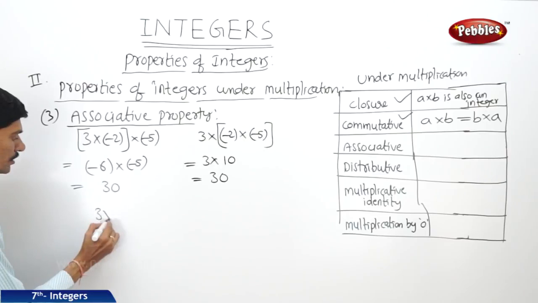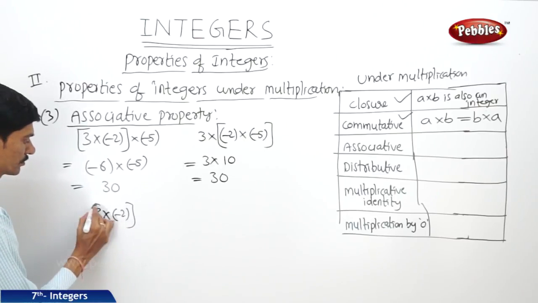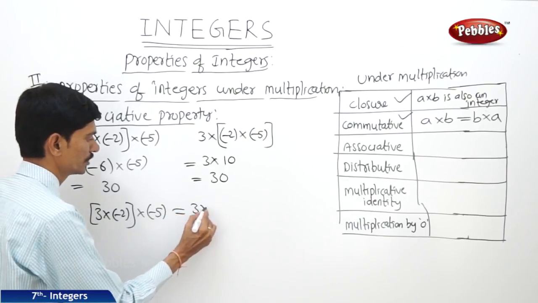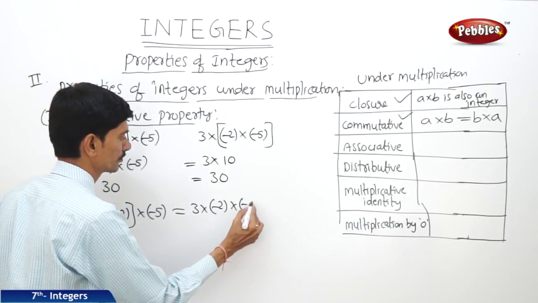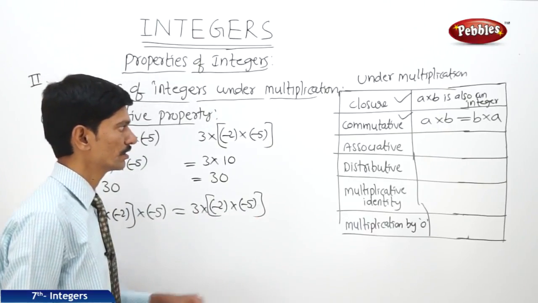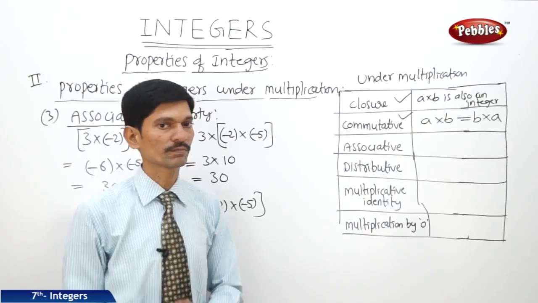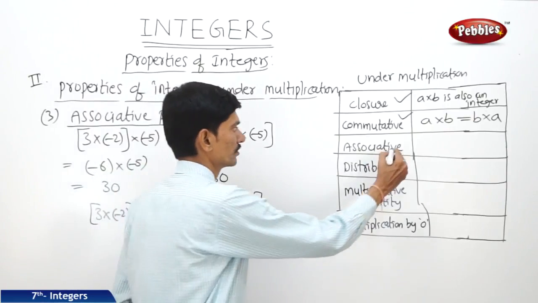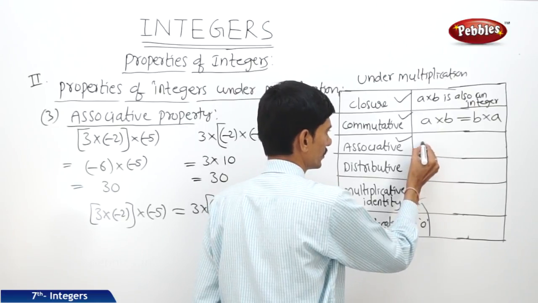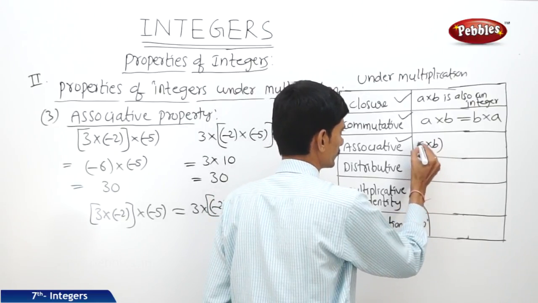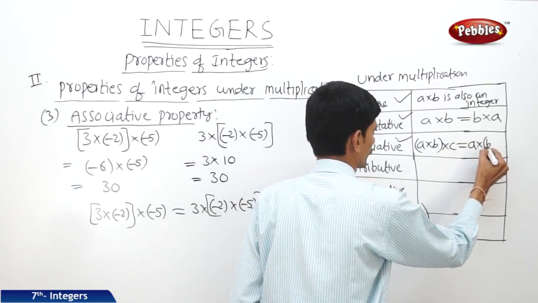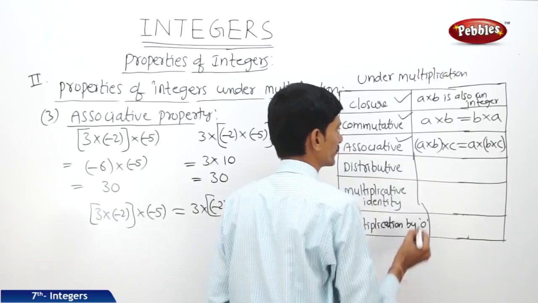So (3 into minus 2) into minus 5 equals 3 into (minus 2 into minus 5). So integers follow the associative property under multiplication. For any three integers a, b and c, (a into b) into c equals a into (b into c).